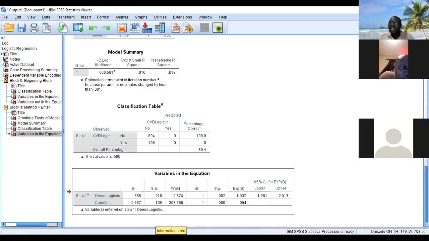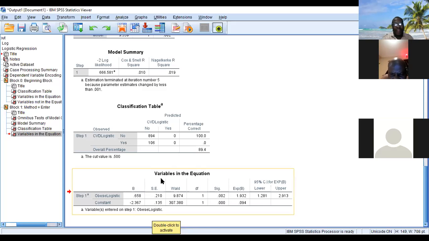Because when you divide beta by standard error, it follows normal distribution. But SPSS will square it, and if you square it, it follows chi-square. So if you divide this beta by this one and square it, it gives you this.